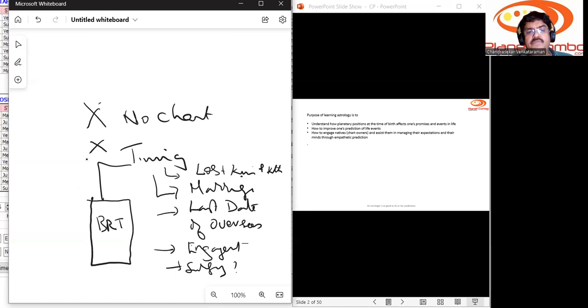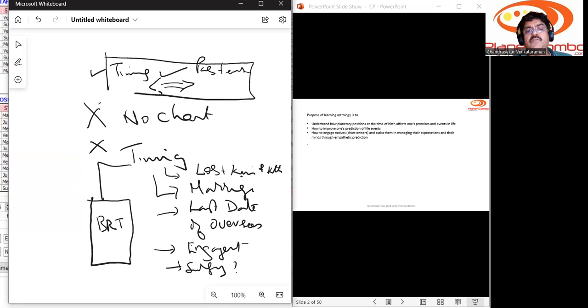If there is a chart, if the timing is there, and you also get some past events, and these are matched, then I think you've got a good chart, where you can confidently say this is a validated chart.